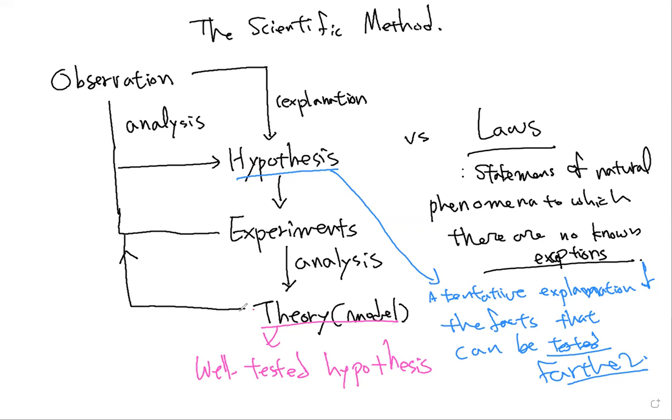So we repeat. Scientists basically repeat this scientific method: observation, try to explain and make a hypothesis, experiments, theory, and if there are no exceptions, then it can become a law.